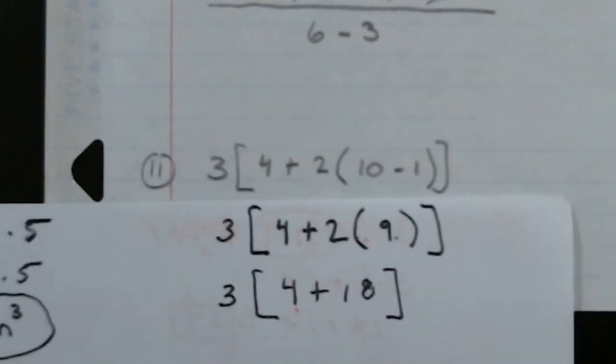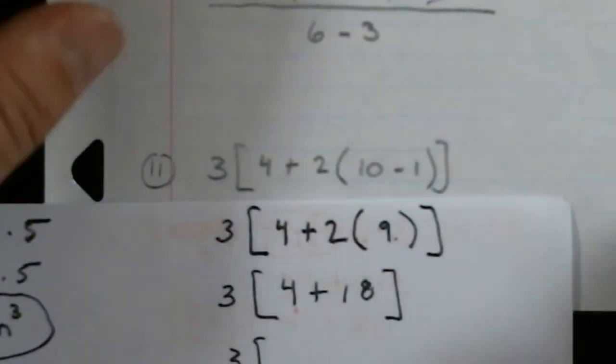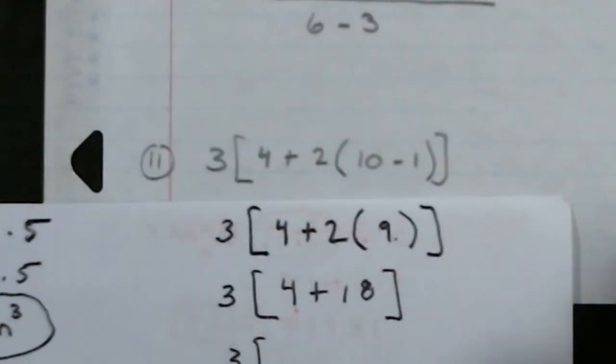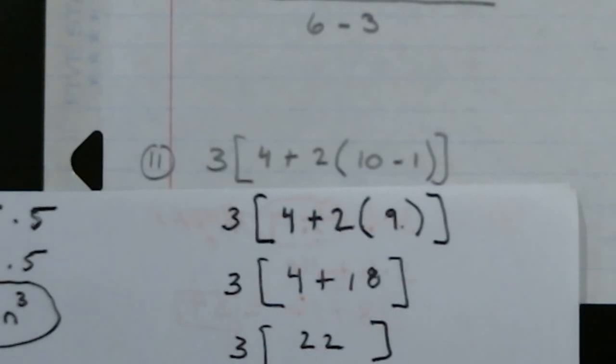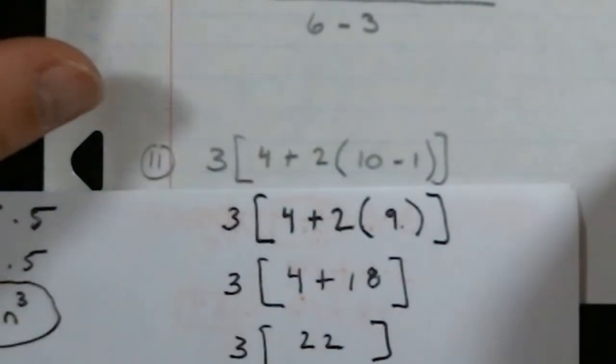See how I'm keeping everything organized? I'm hoping that you're doing this in your notes. Okay. So now you're going to be like, okay, so 4 plus 18, which is, I think, 22. So 22, close bracket. Okay. Now, times that by 3, you should have, what, 66?